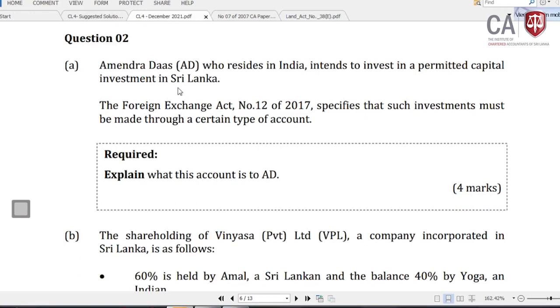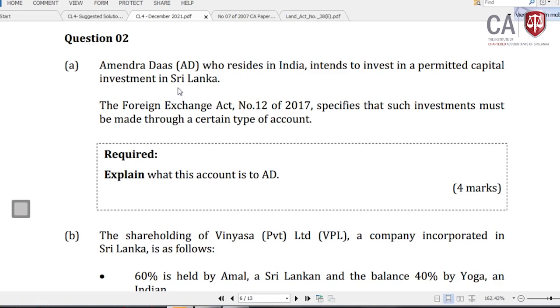AD means Amendra Das. So, he is not a Sri Lankan resident. He is an Indian person, an Indian resident, Indian national. Now, he intends to invest in Sri Lanka, a permitted capital investment.